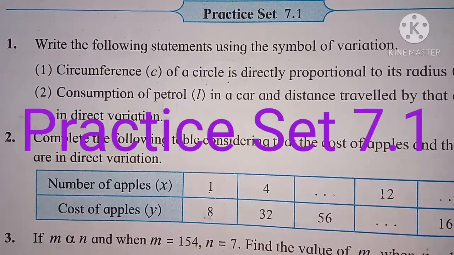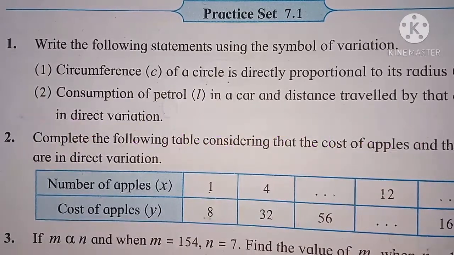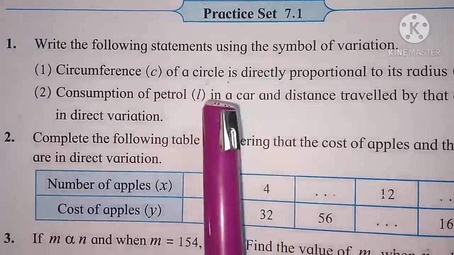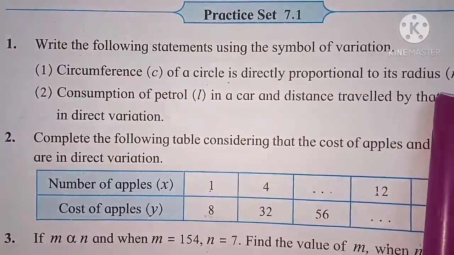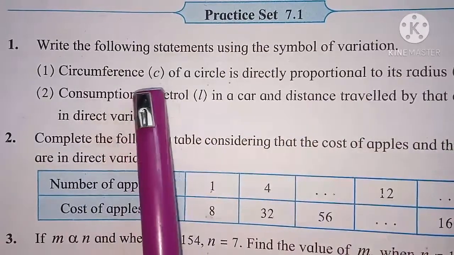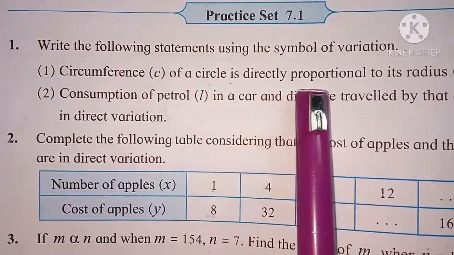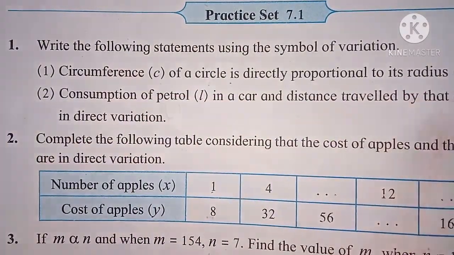Write the following statements using the symbol of variation. Here we are only writing the statement in the form of variation. Circumference C of a circle is directly proportional to its radius r.